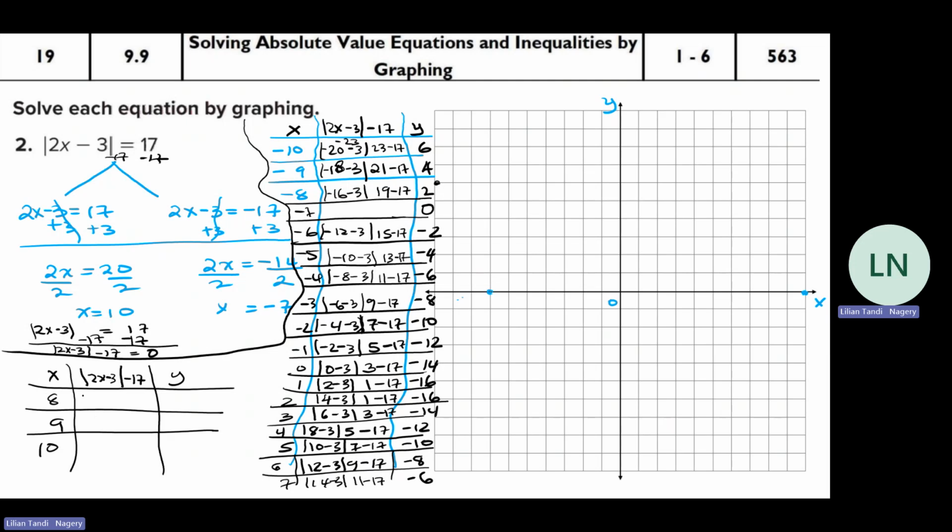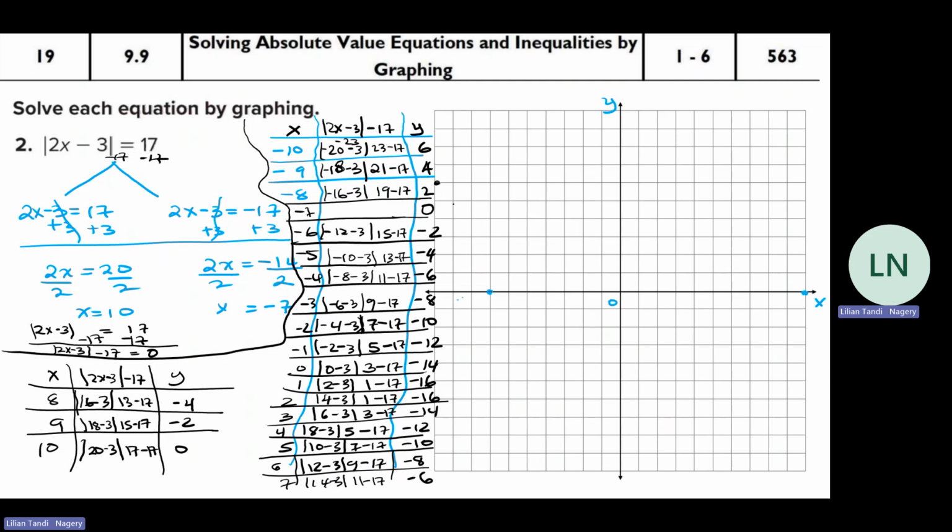We do here 8. 16 minus 3 is 13. Then 13 minus 17 should be negative 4. Now we do 9. 9 times 2 is 18. 18 minus 3 is 15. 15 minus 17 is negative 2. Then we do 10. 20 minus 3 is 17. 17 minus 17 is 0.